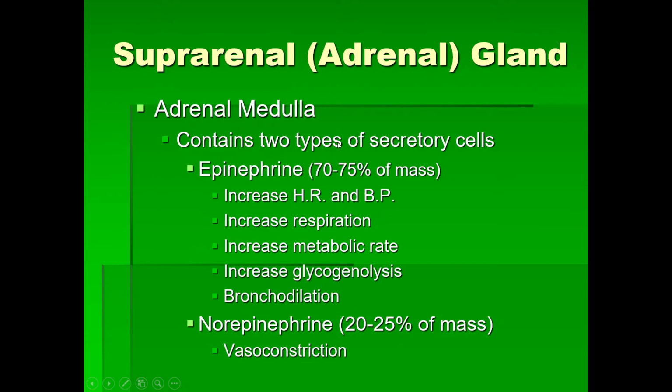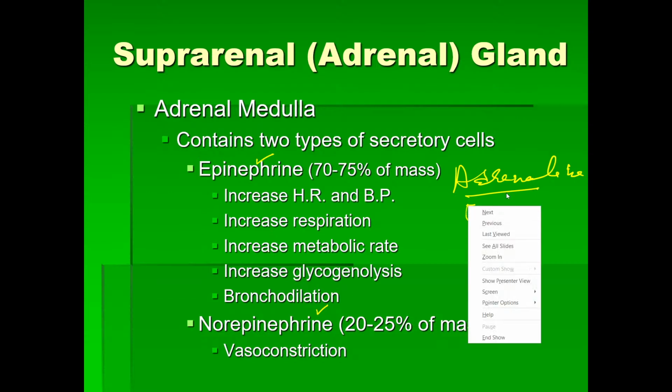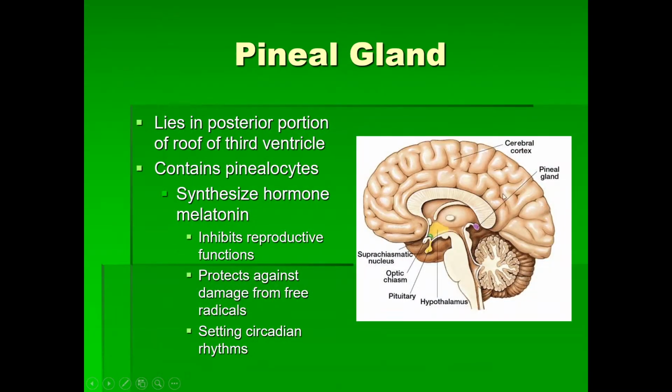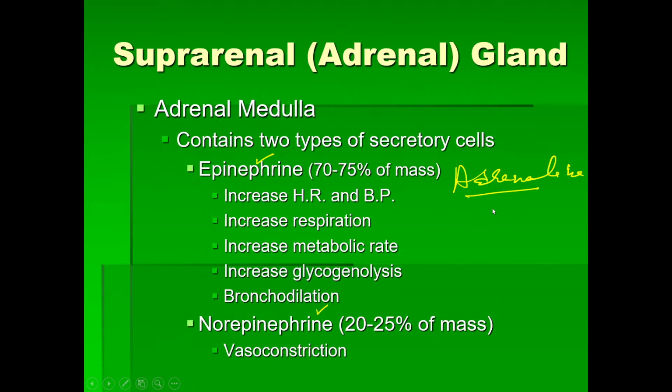And the hormones of the adrenal medulla, I have already told you, are of two types. One is called epinephrine hormone, the second is known as norepinephrine hormone, and epinephrine is also referred to as adrenaline. Adrenaline or epinephrine is also known as the emergency hormone, as this hormone is primarily produced during emergency situations.